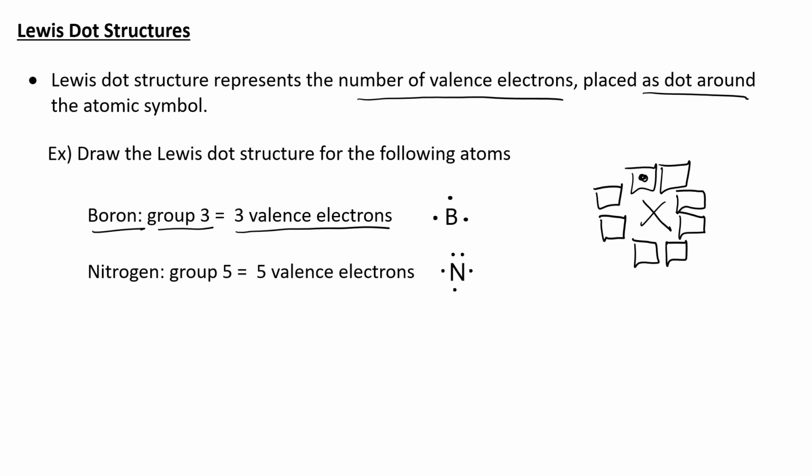I like to place the dots around and don't double them up or triple them up on any one side until you absolutely have to. So if we take nitrogen with 5, I would put 1, 2, 3, 4, and then once I don't have any empty slots left on a side, I'll pair them up.